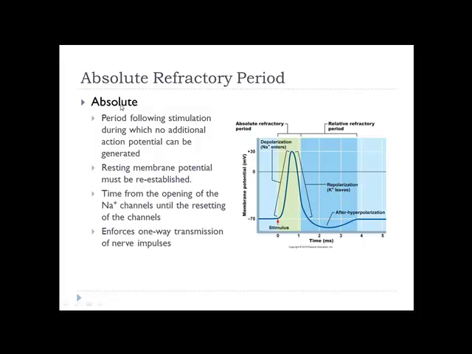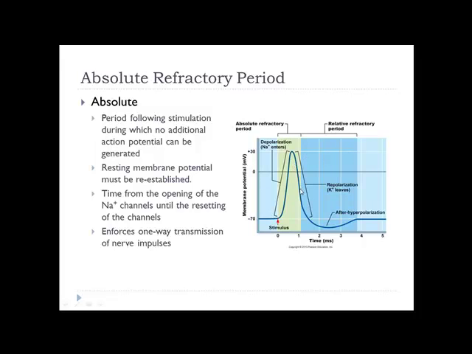So we'll have this thing called a refractory period. There's an absolute refractory period and a relative refractory period. The absolute refractory period occurs during depolarization and the beginning of repolarization. What does that mean? The nerve cannot just fire and stay fired for a long time.